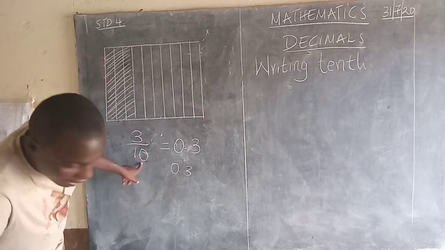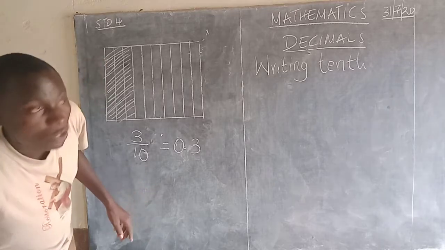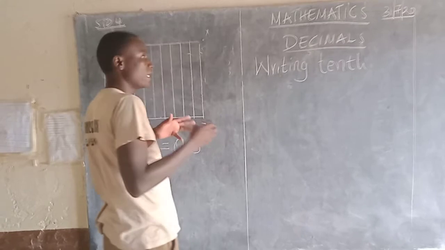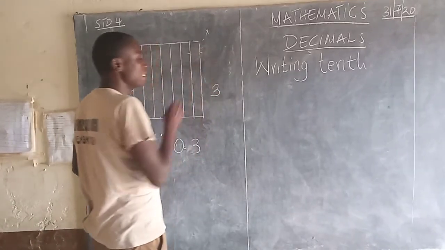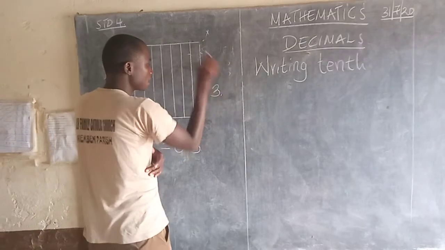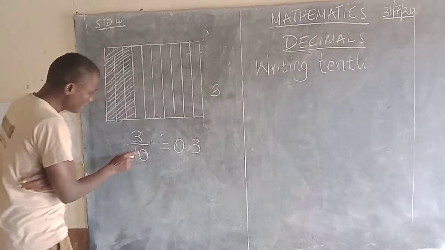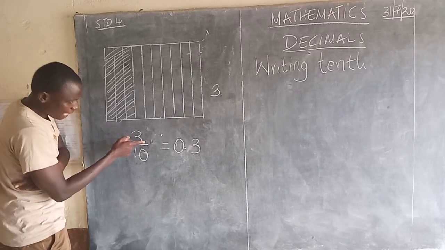Or alternatively, when you are looking at whole numbers, a number like 3 is a whole number. And all whole numbers have a decimal point at their end. So when you want to write this number into a decimal, the decimal point is at the end.